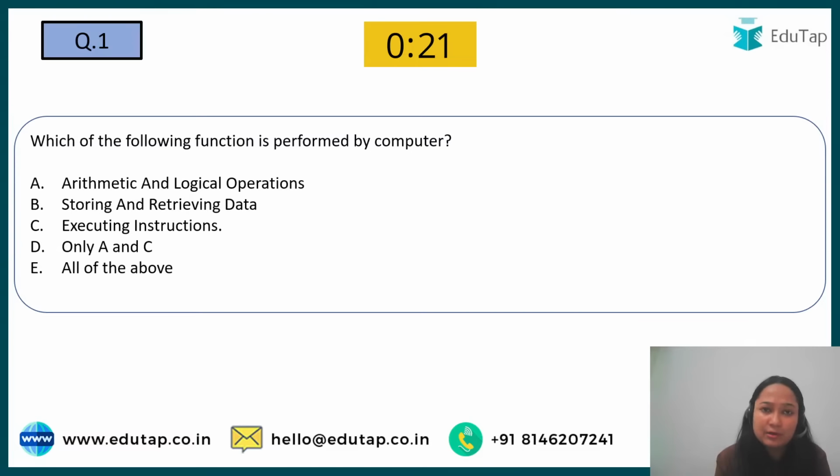Logical functions are AND logic, OR logic. Besides this, there is a bit shift function, and another function of comparison, where we compare two values, which is larger, which is smaller. So the correct answer will be option E, all of the above.